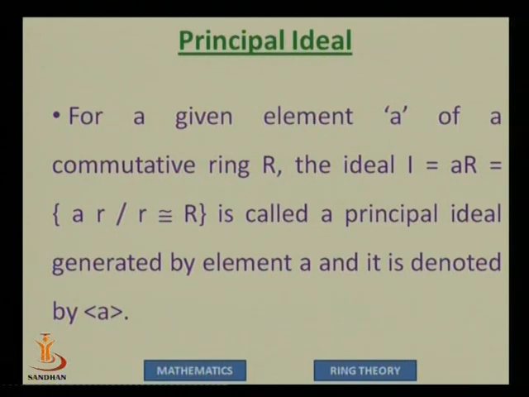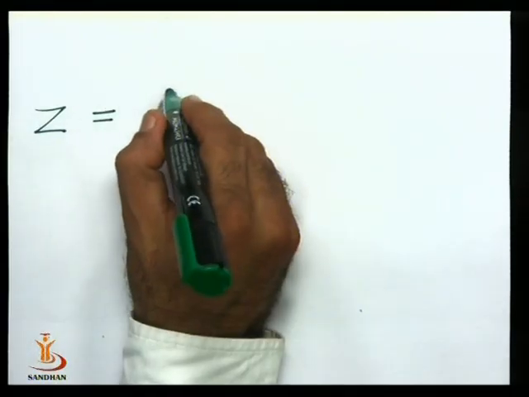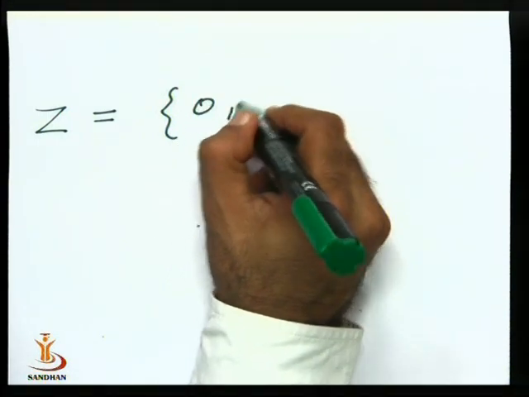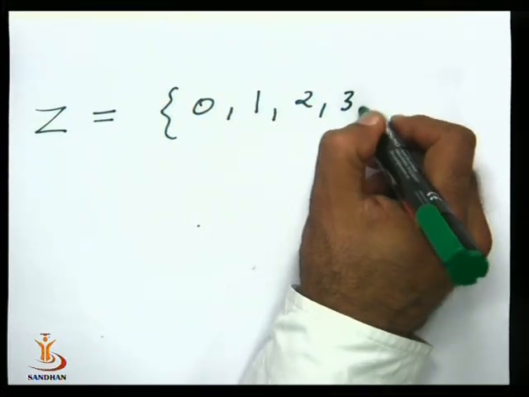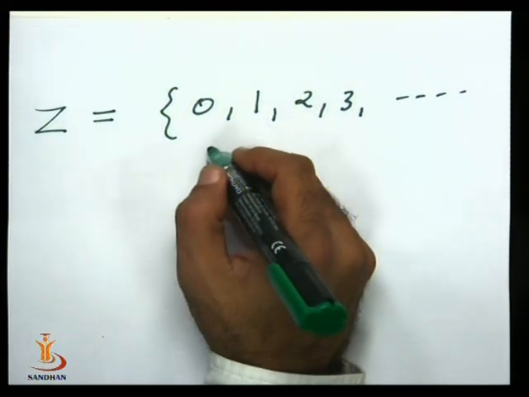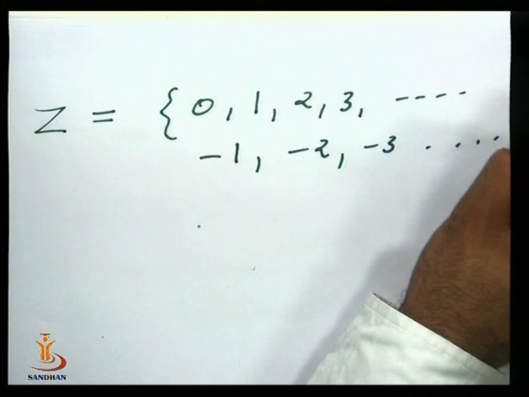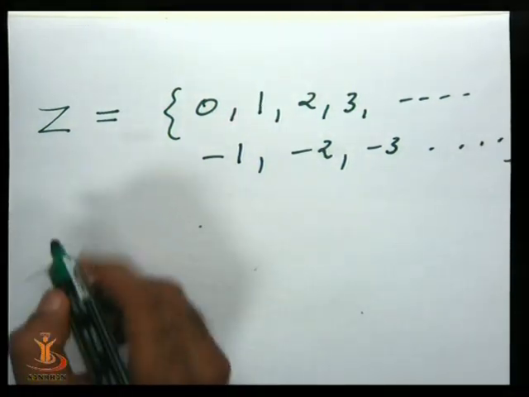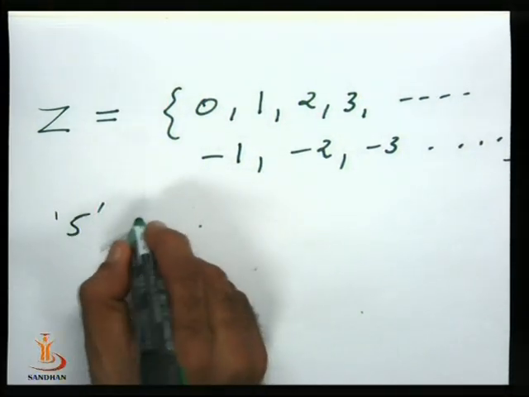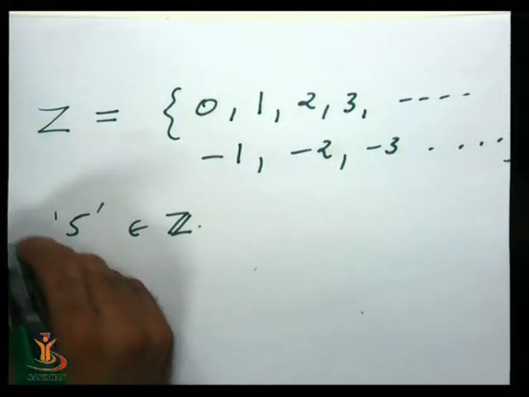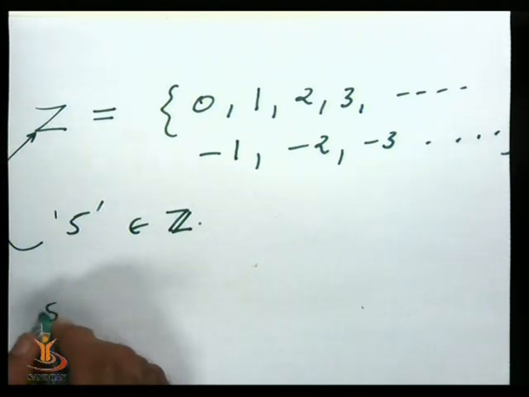We know that Z is a ring. So Z has 0, 1, 2, 3 and all integers, and -1, -2, -3 and so on. Let us take some element, say 5 belongs to Z. Now we multiply 5 with the whole of Z. So we will get a set called 5Z.